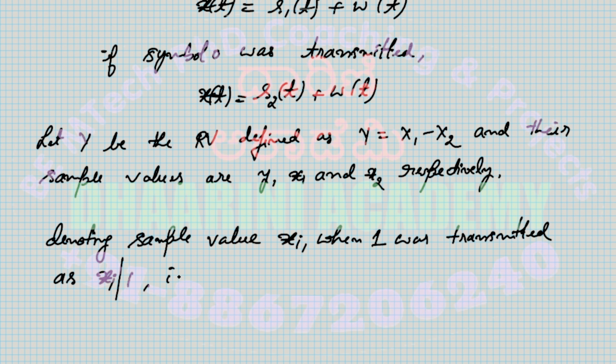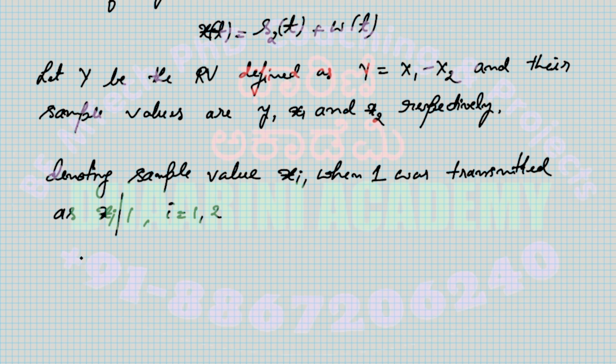And what are the i values? The i values could be 1 or 2 because for x1 and x2 we have two options. We try to denote it in this way. This will be the standard notation we are going to follow.